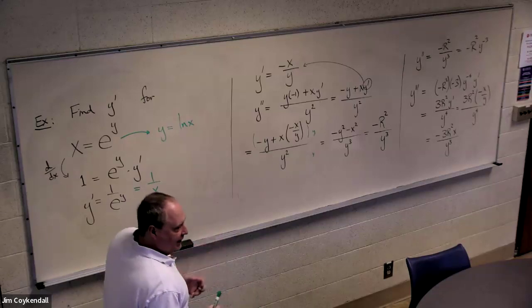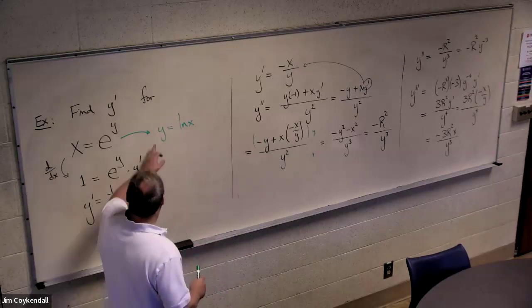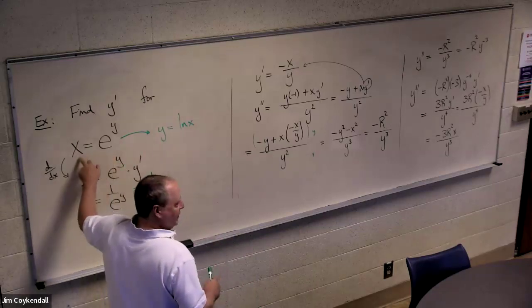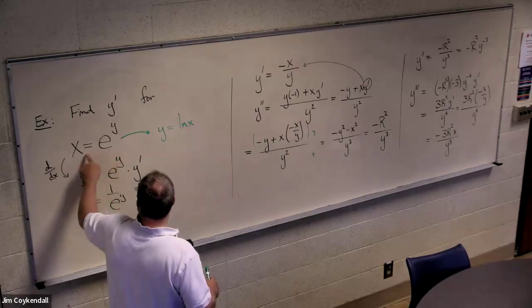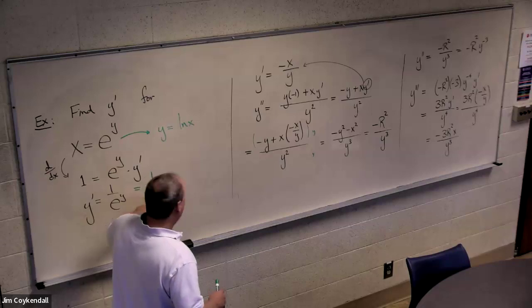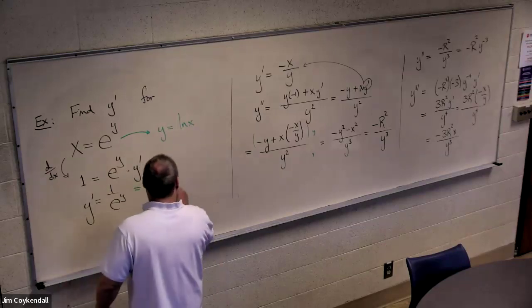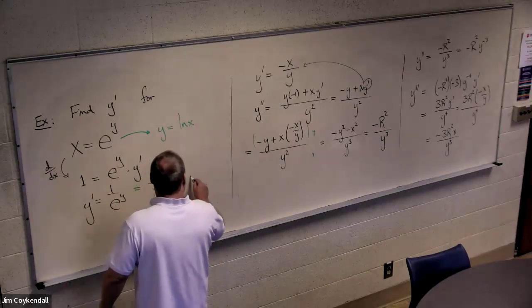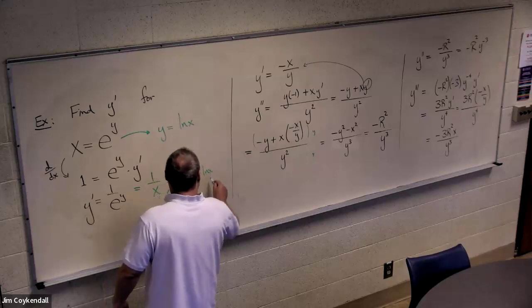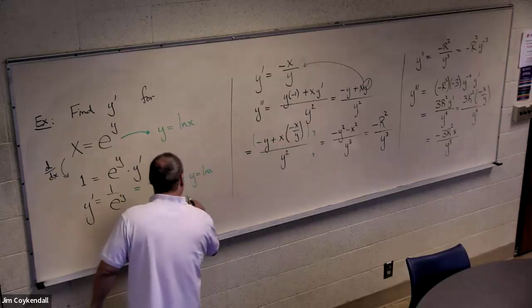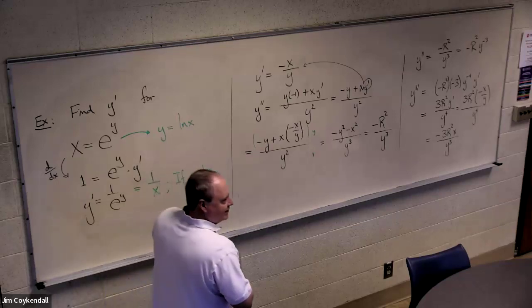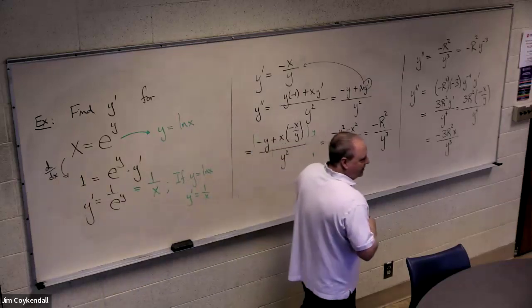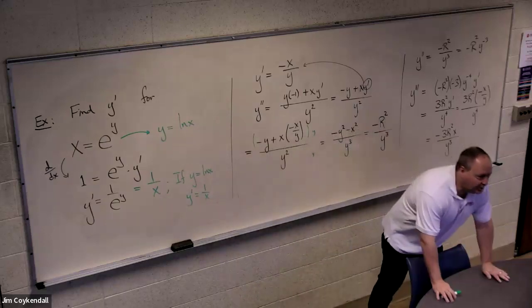We've discovered something actually, right? Starting with this silly little problem, we got that y prime is 1 over e to the y, but hey, y is log x. We have discovered that if y is log x, then its derivative is 1 over x. This is actually fantastic.